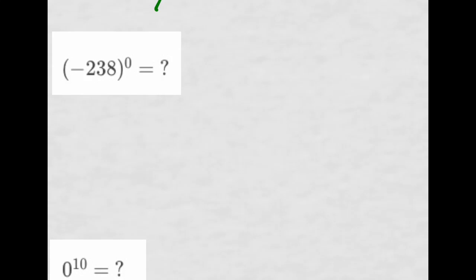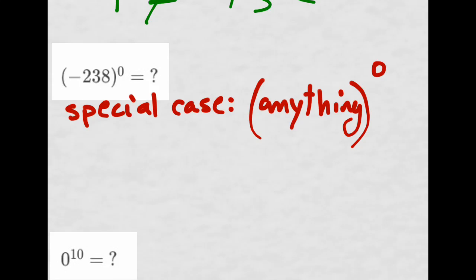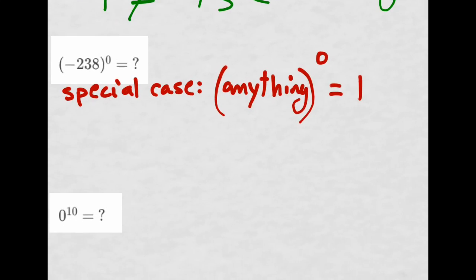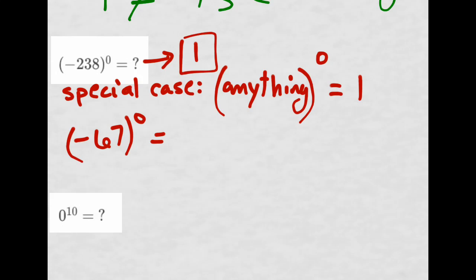Negative 238 to the 0. This is a special case. Actually, anything to the 0 power is always going to equal 1. So the answer is 1. If I had negative 67 to the 0, that's going to be 1.